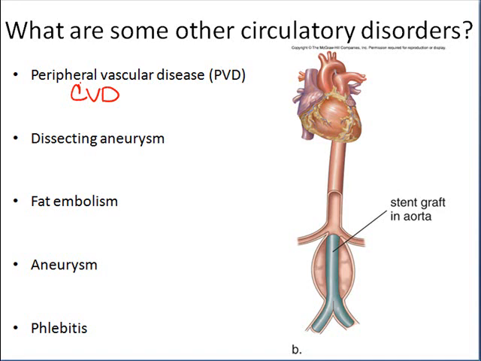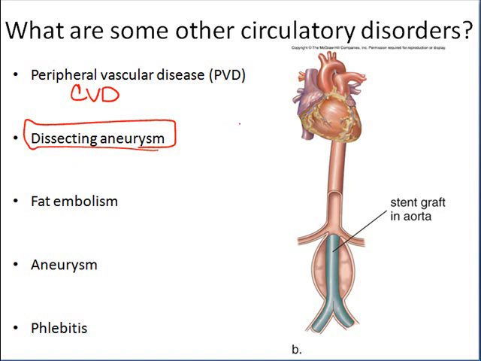And they can treat this the same way they do coronary vascular disease, with the use of angioplasty and stents and blood thinners, etc. A dissecting aneurysm is a special type of aneurysm. Remember, an aneurysm is a bulging, if you will, of a blood vessel.